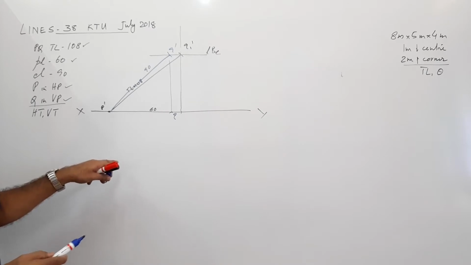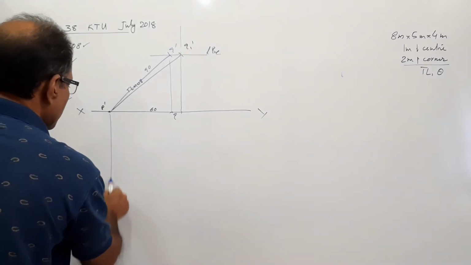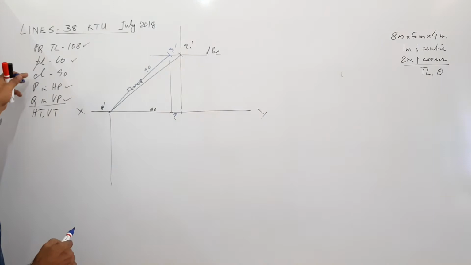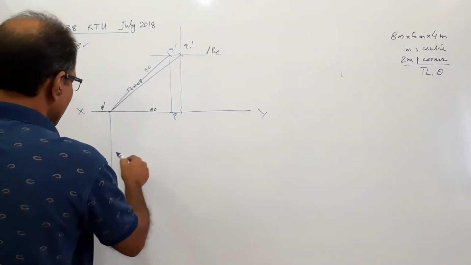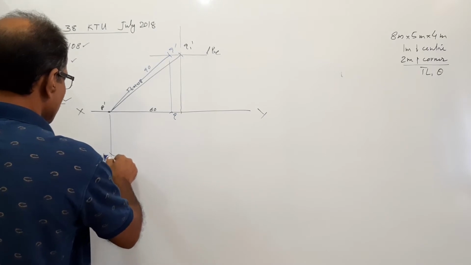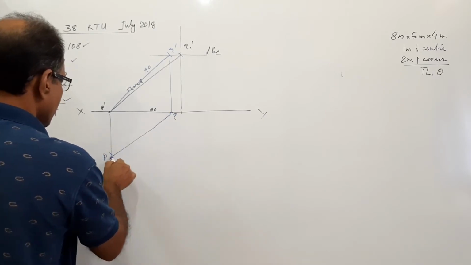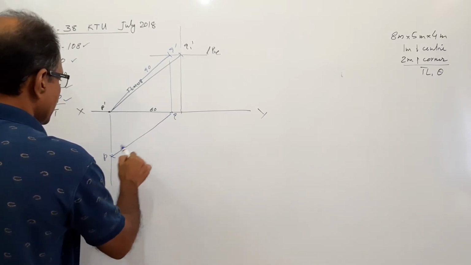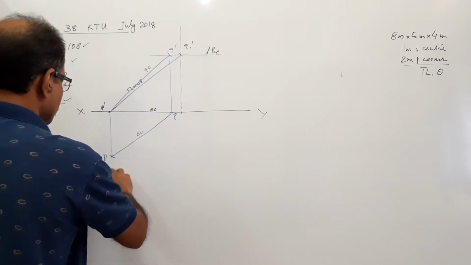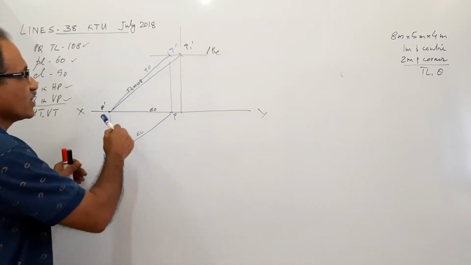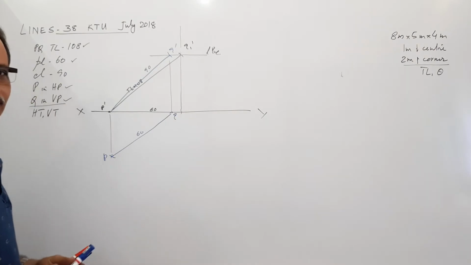The plan of the end P lies on this projector. Where? Take the plan length 60 in your compass and cut an arc. That is P. So PQ is the plan. You have got the elevation and the plan of the line.